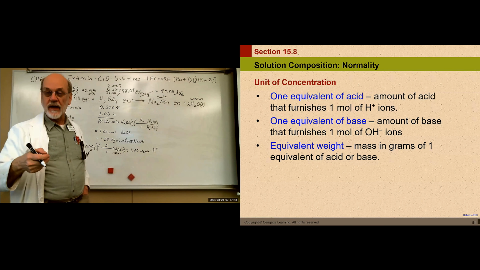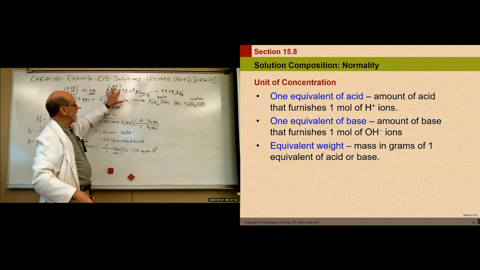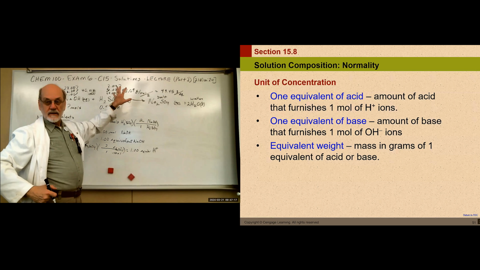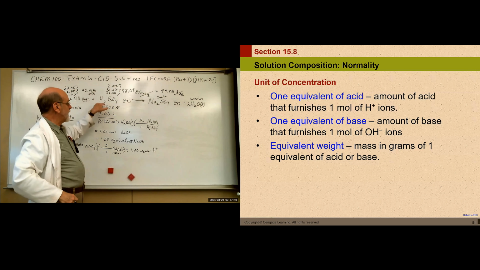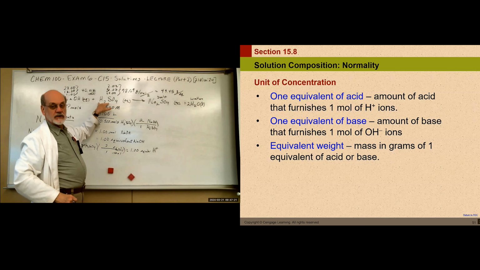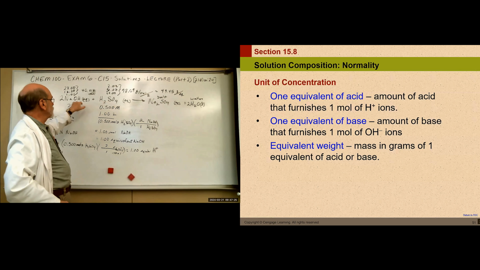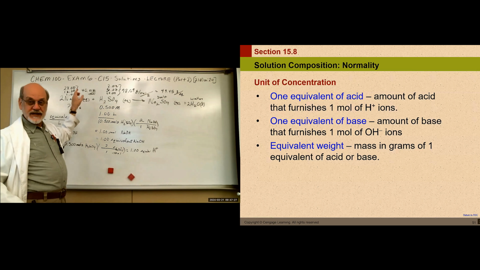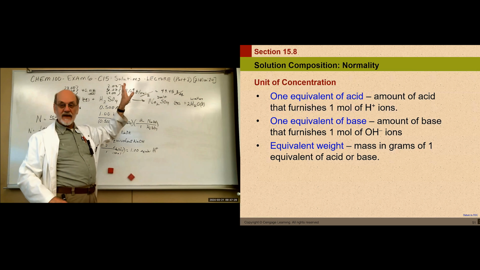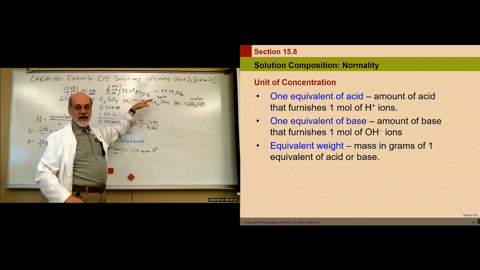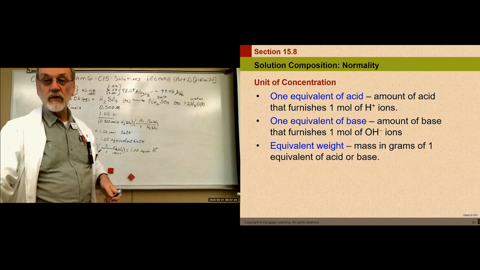And that's the rule of thumb. If you determine the molar mass of a compound, acid or base, and you find out it produces 2, 3, or 4, however many hydrogens, or 2, 3, or 4 hydroxyls, you just take that number and divide it into the molar mass, and that gives you the equivalent mass, or the equivalent weight.